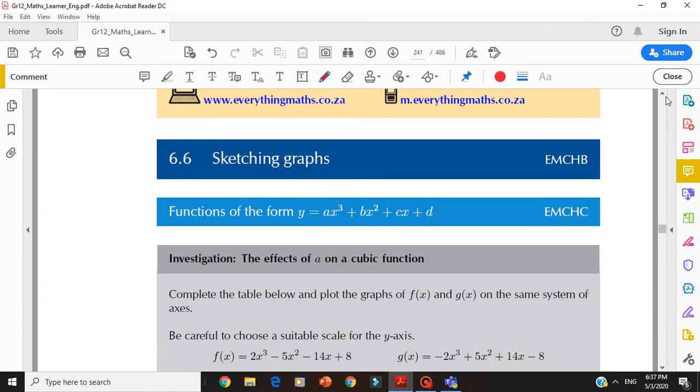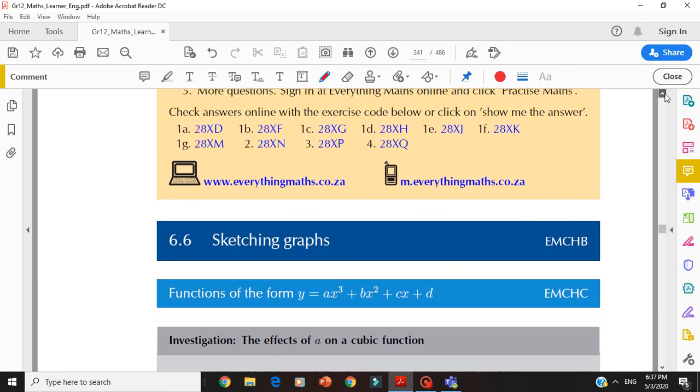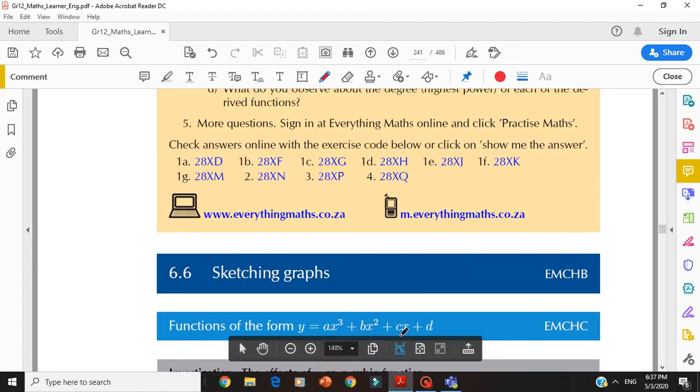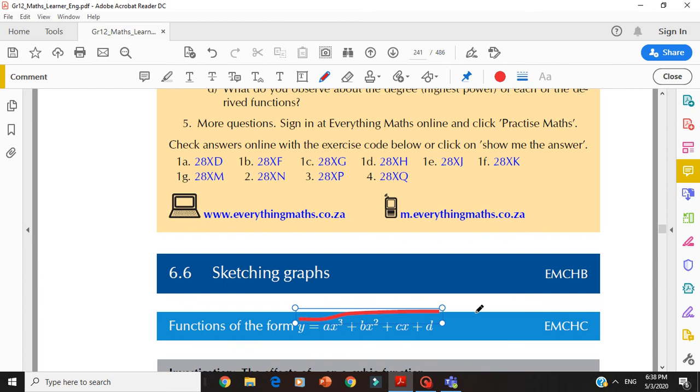Just to give a head start on the next video that I'll be releasing: that is the cubic function, defined by the form y equals ax cubed plus bx squared plus cx plus d. I hope this video was helpful. The next video will be on cubic functions and how to solve those equations, how to find the turning point, and how to find the point of inflection.